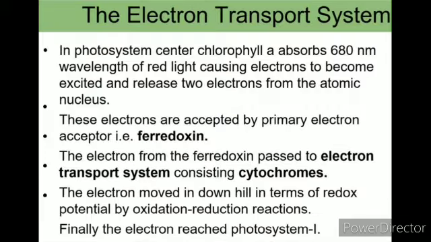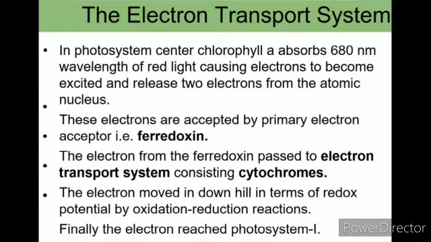The electron transport system. In photosystem 2 center, chlorophyll A absorbs 680 nanometer wavelength of red light, causing electrons to become excited and release 2 electrons from the atomic nucleus. These electrons are accepted by the primary electron acceptor, that is called ferredoxin.